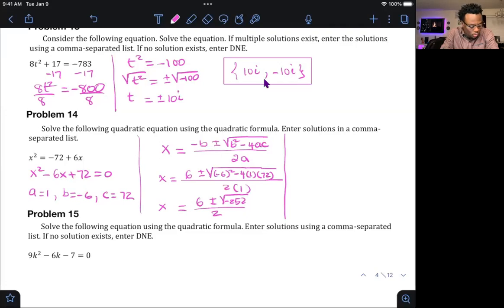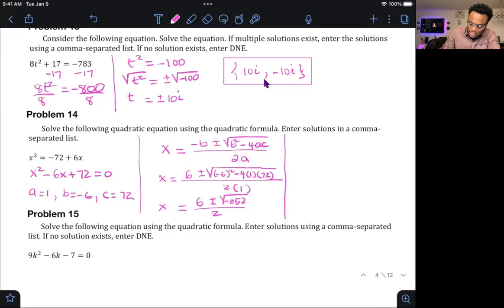So that is going to be an imaginary number, and then we would break down the value of this number. If you divide the 252 by 7, it will be 36 times 7.